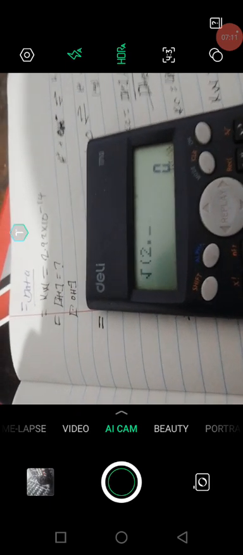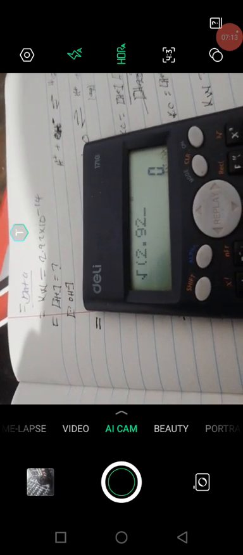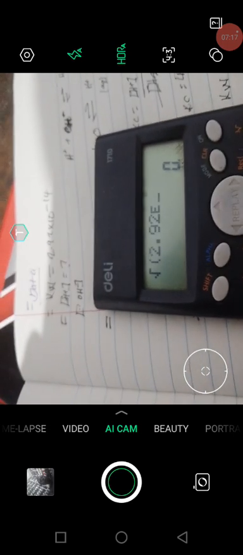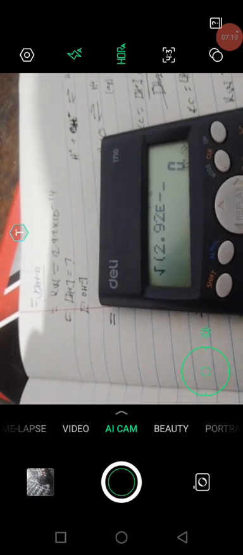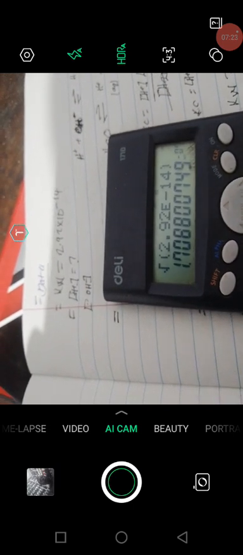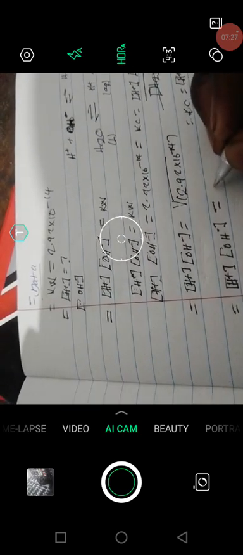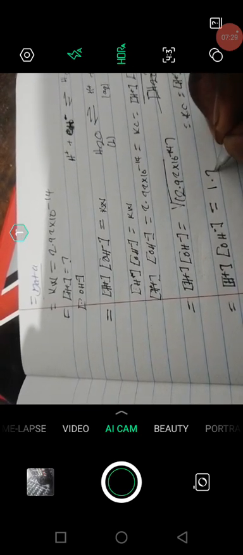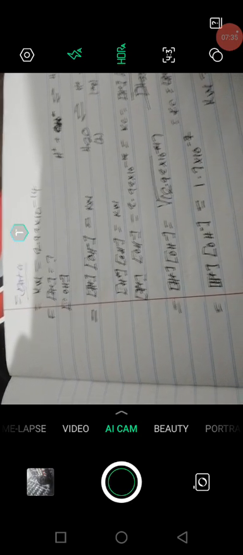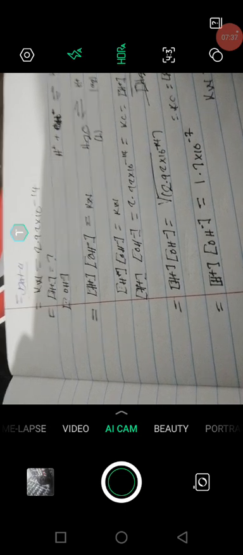open 2.92 exponential negative 14. What's your answer? It's what? Yeah, that one. So you're going to say only 1.7 times 10 exponential negative 7, just to one decimal place.